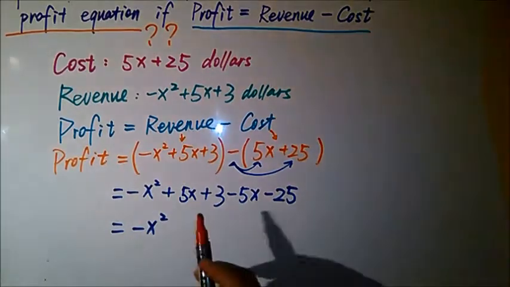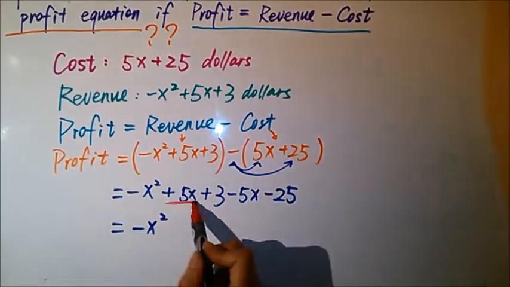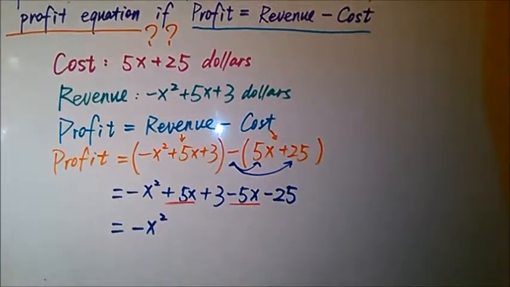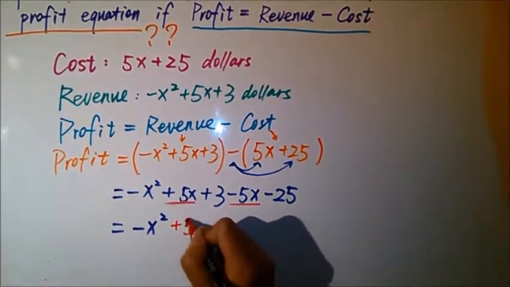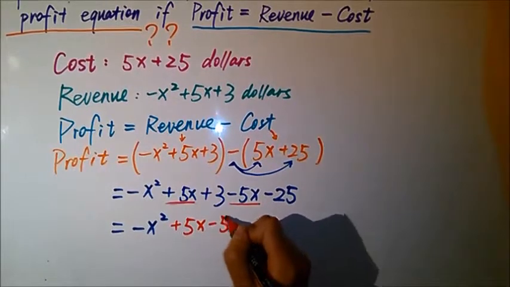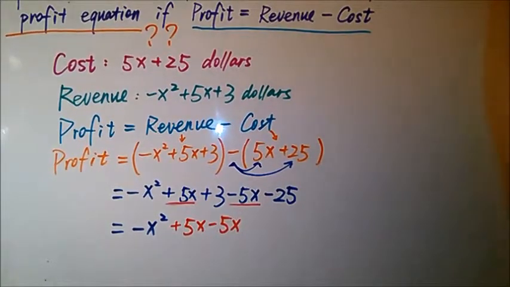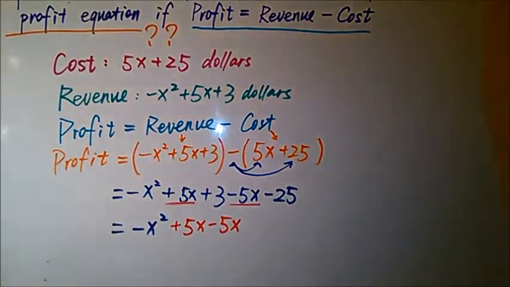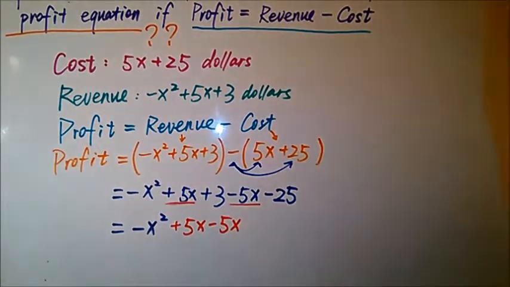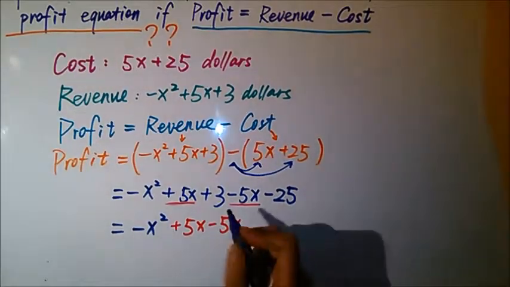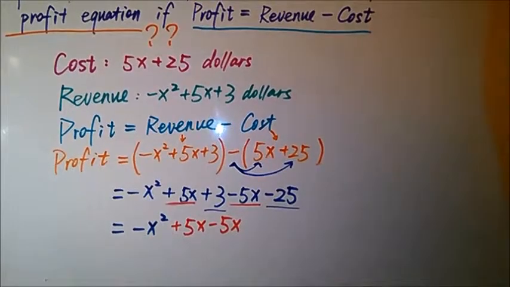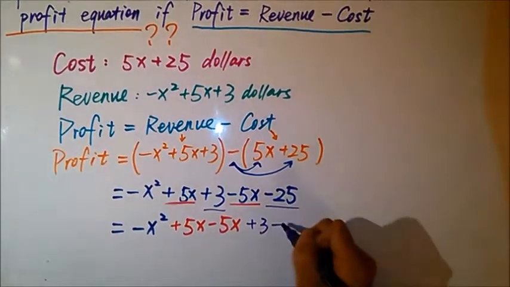Do we see any other x terms? Yep, negative 5x, so let's bring them down: positive 5x minus 5x. Now the next term, 3, is a constant. Do we see any other constants? We have 3 and negative 25, so let's bring them down.